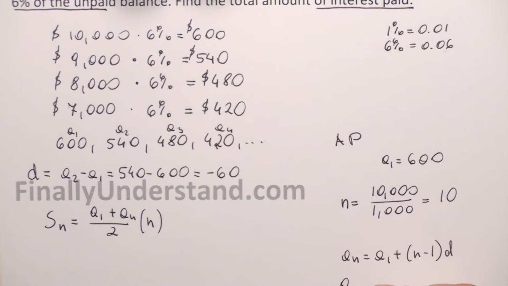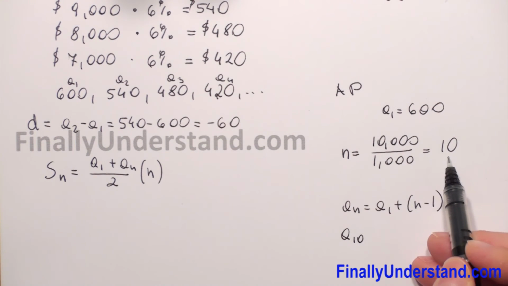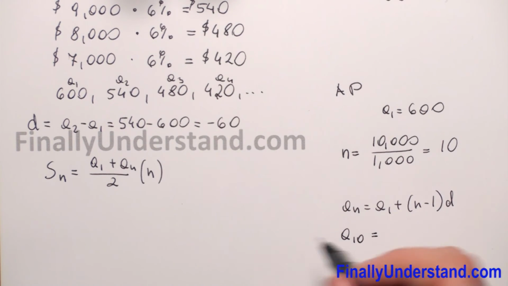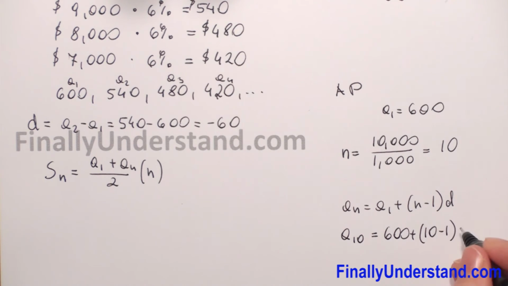An in this example will be A10 because we have n equals 10 terms. So it will be A1 is 600 plus, n is 10 minus 1 times d is negative 60.